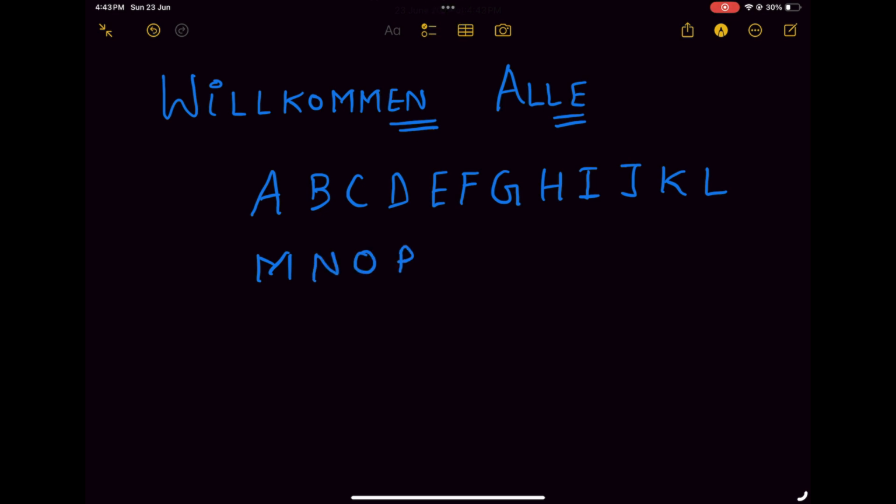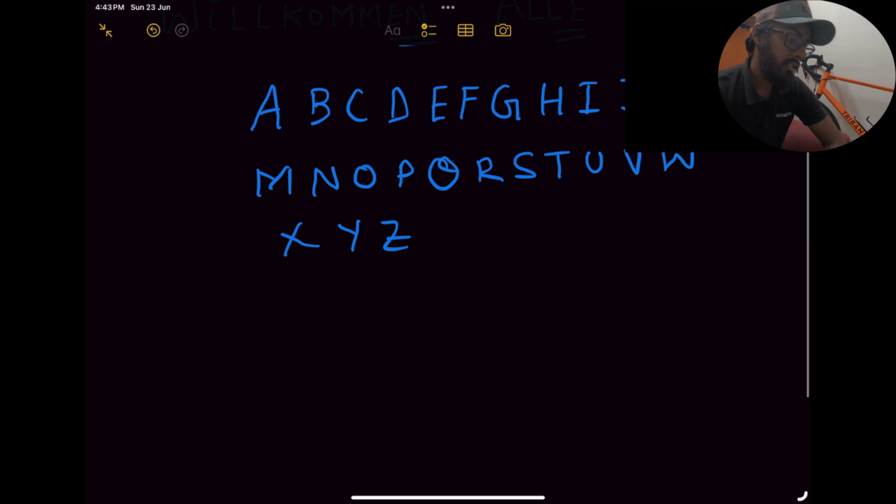O, P, Q, R, S, T, U, V, W, X, Y, Z. So these are your 1 to 26, and the small caps are just similar.